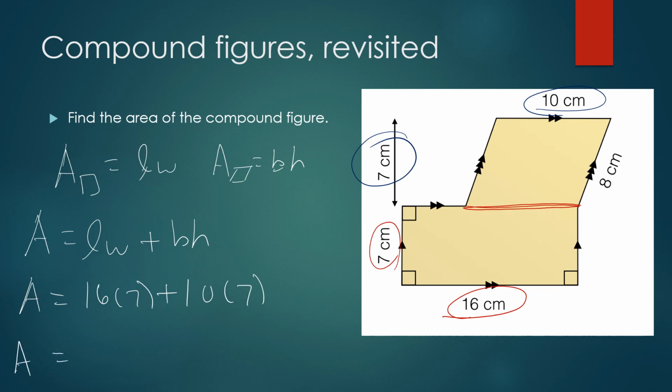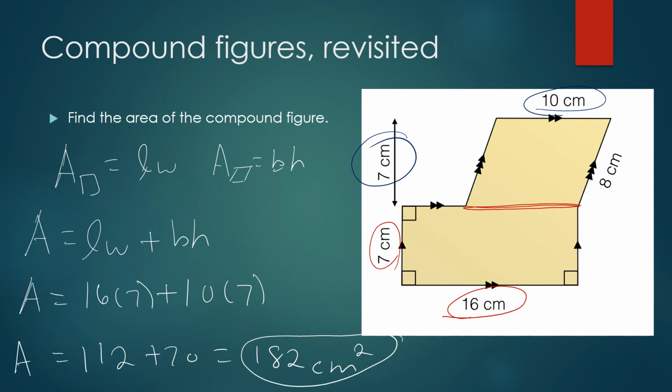So my area then is going to be 16 times 7, which is 112, plus 70, which ends up being 182. It is in centimeters squared, or squared centimeters.